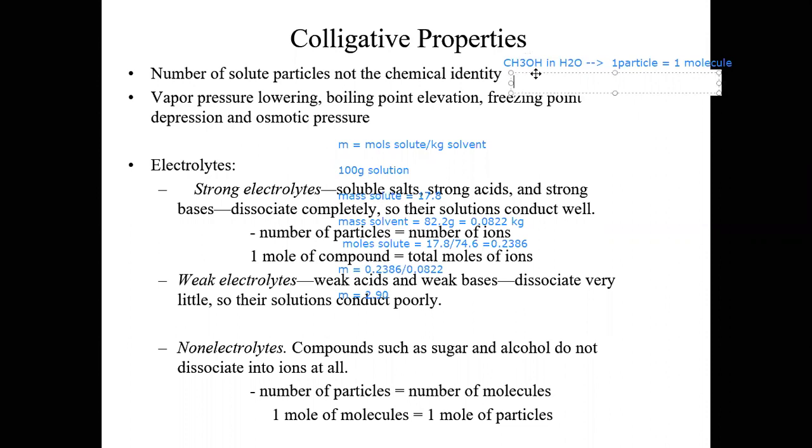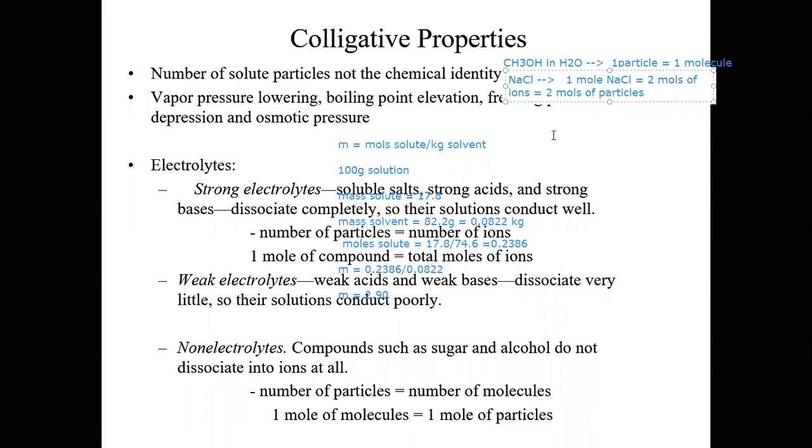But on the flip side, if we have something like sodium chloride, if we had 1 mole of sodium chloride, that would be 2 moles of ions, which would equal 2 moles of particles.